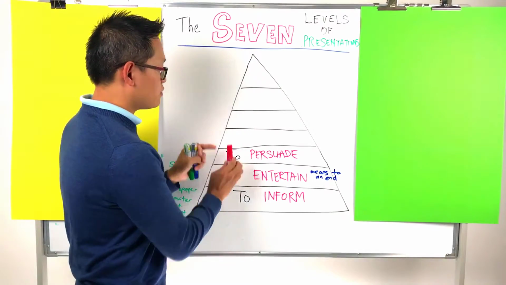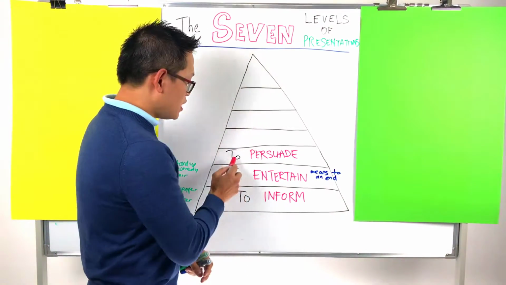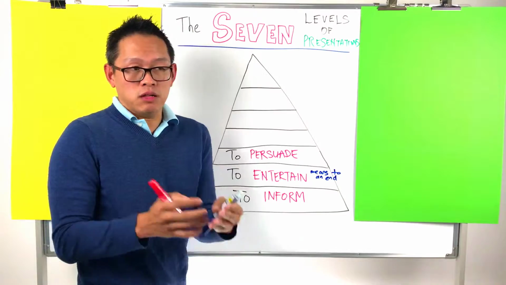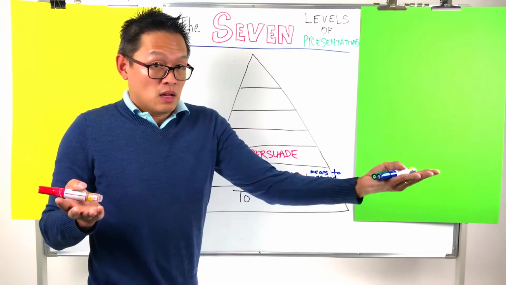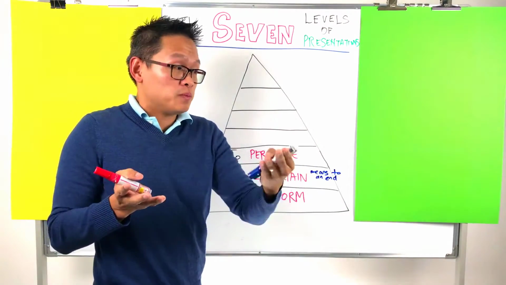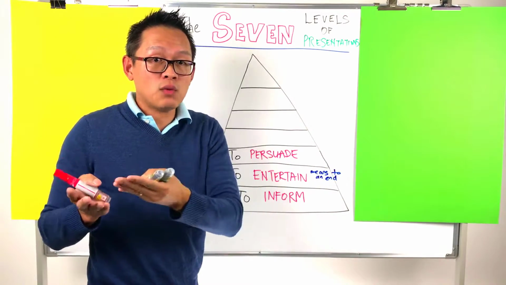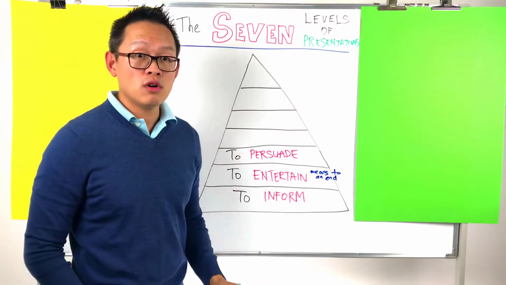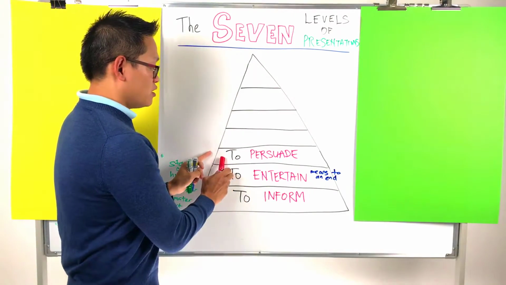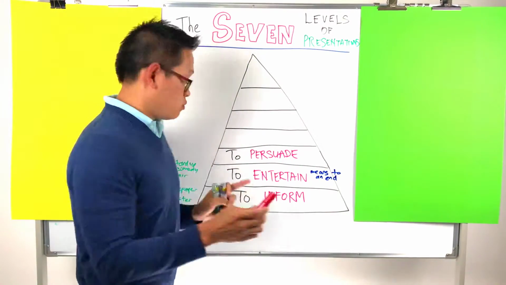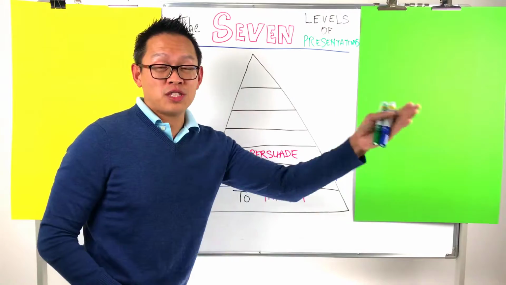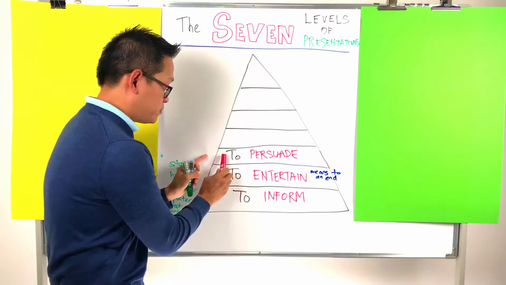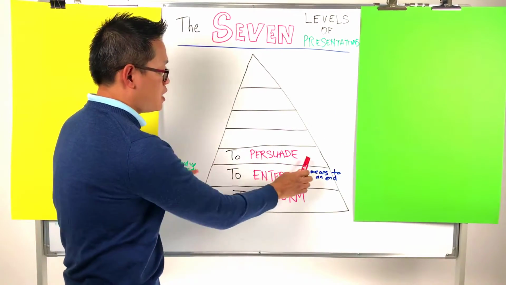This persuasion is usually from a seller who wants to convince you to buy something. A salesperson needs to persuade you. Your wife will also need to persuade you to do something for her. So that is what I mean by persuasion.